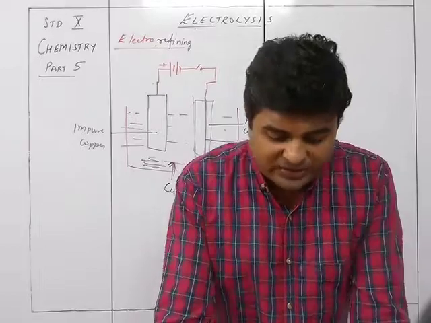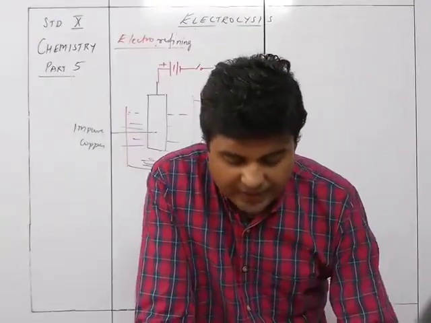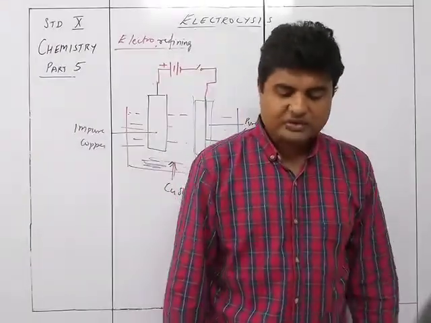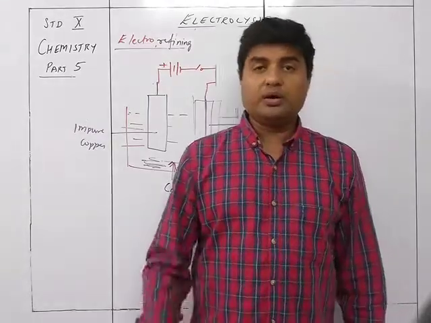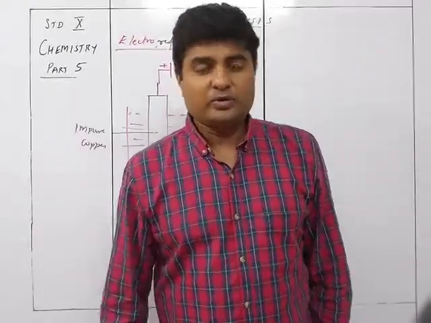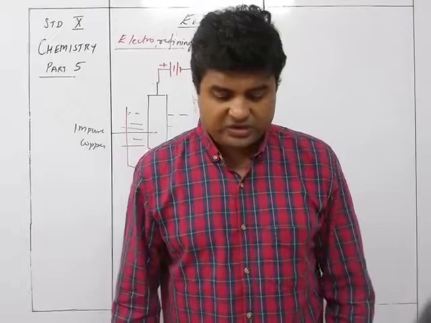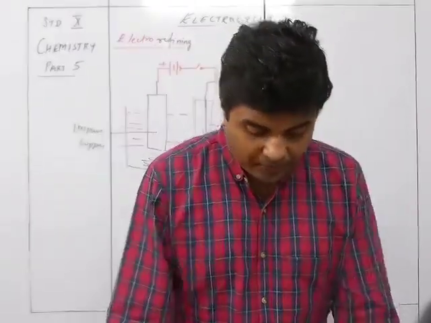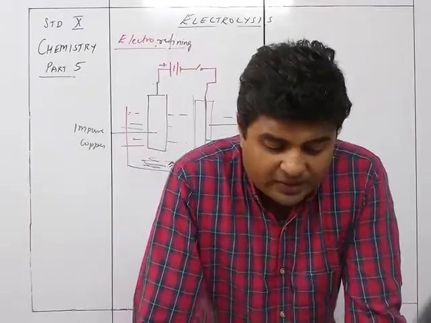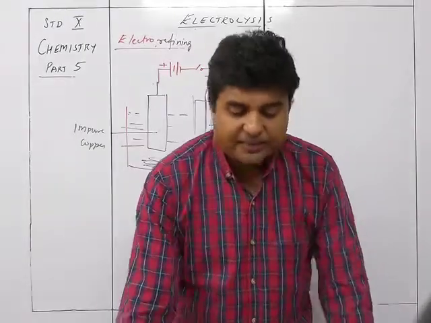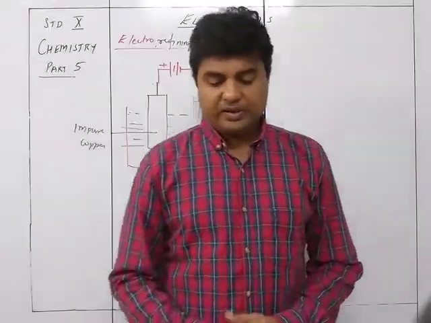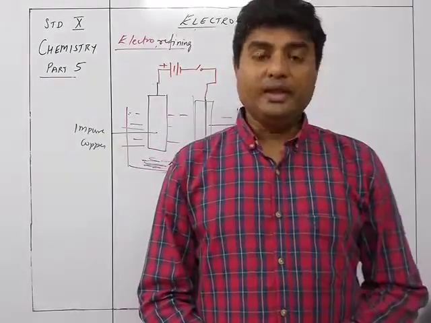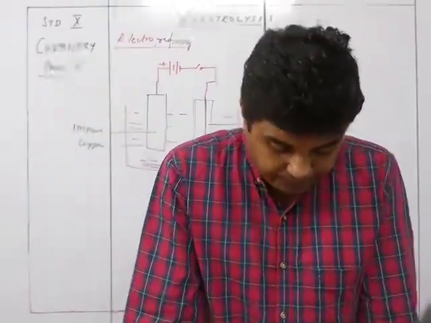Because their oxides are least stable, heat alone can reduce metallic oxides to metals. So Ag2O will give you Ag, and HgO will give you Hg plus O2. So this is how you are going to extract the metal. The method of extraction of a metal depends on the position of the metal in the activity series. So that is about electrometallurgy.